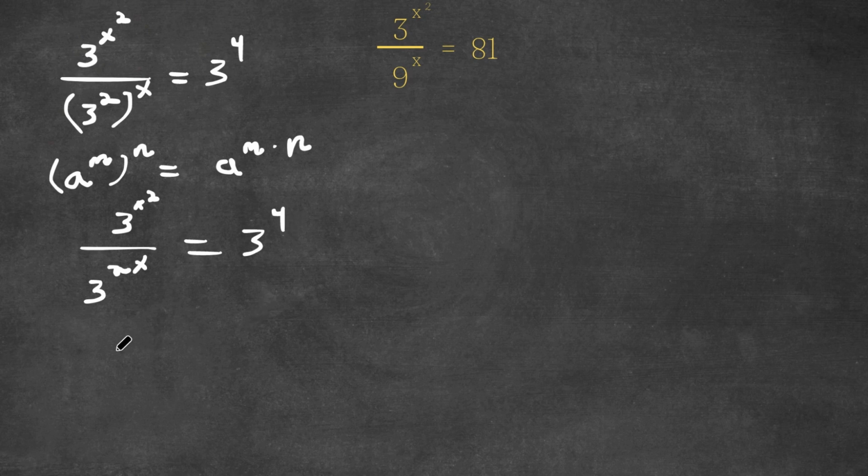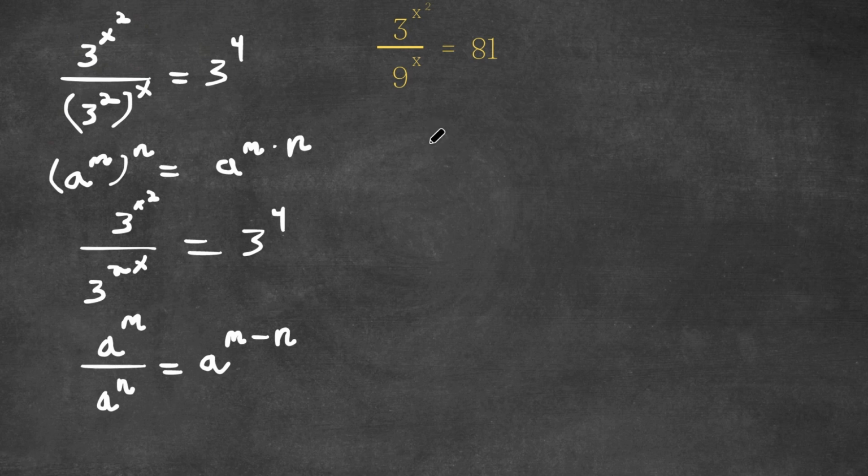Now, if I have something in the form a to the power of m over a to the power of n, this is equal to a to the power of m minus n. So I'm going to use this property with 3 to the power of x squared divided by 3 to the power of 2x.